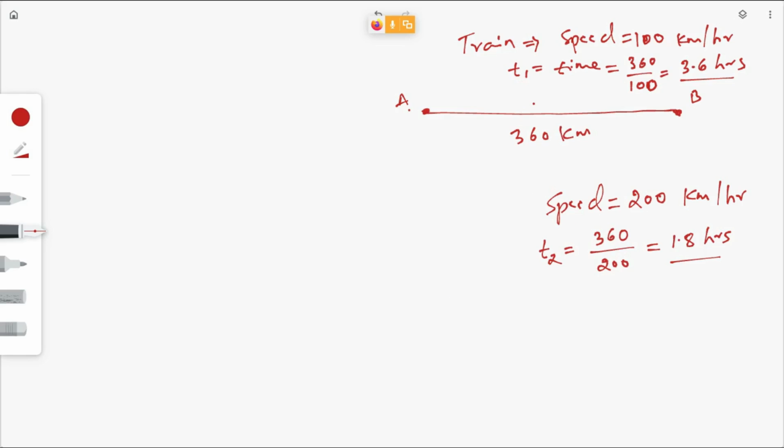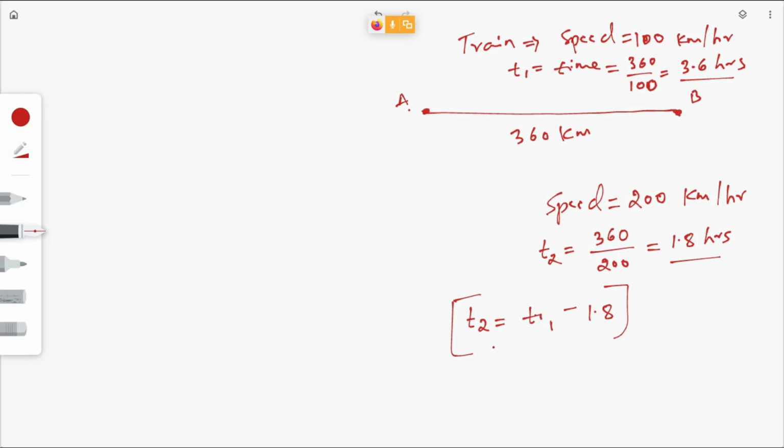Now what is the relation between T2 and T1? Time taken in the second case is 1.8 hours less than the time taken in the first case.